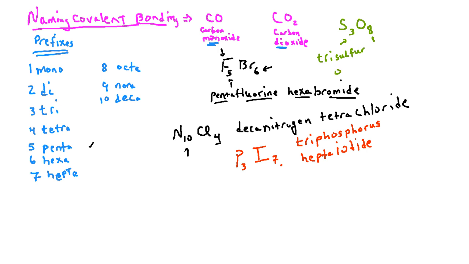I think that's right. Okay, 8 and then oxide. So naming covalents is really easy, really easy. But make sure that you have 2 non-metals, right? Two nonmetals make covalent bonds.